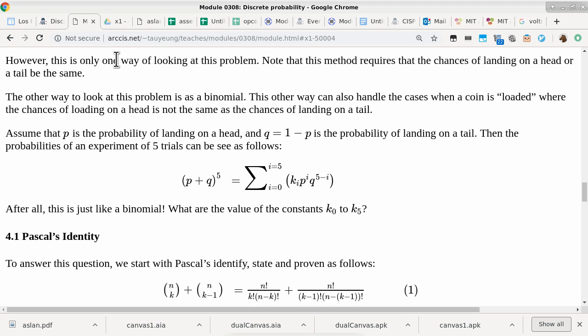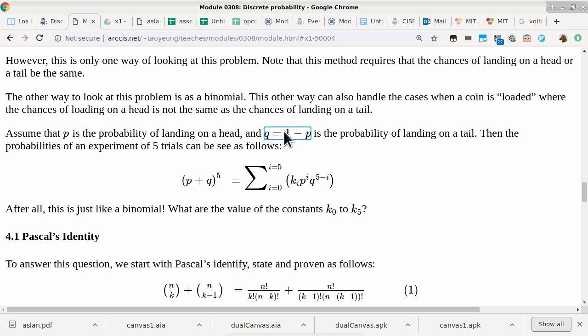Okay, so what we now have, we are focusing on this part here. So assuming the coin is loaded, in other words, the chances of landing on the head and the chances of landing on the tail are not the same. We're going to say that P is the probability of landing on the head, and Q is the probability of landing on the tail.